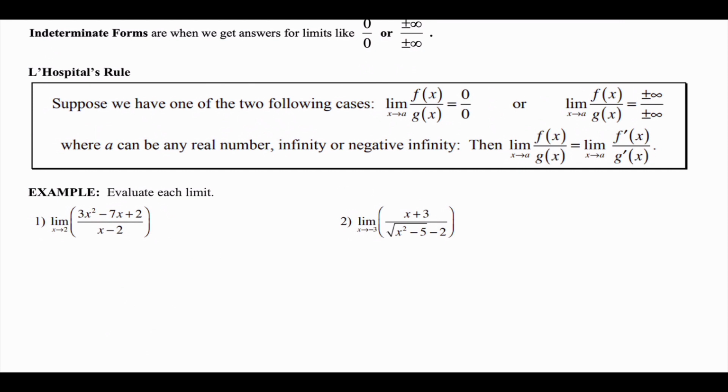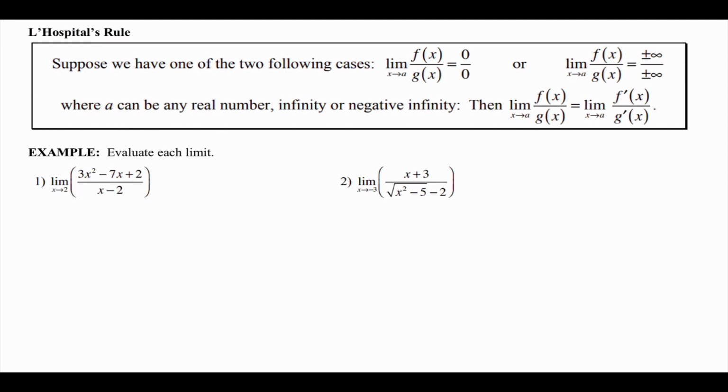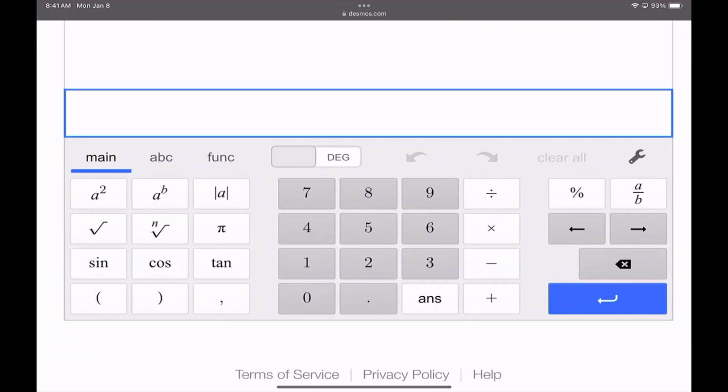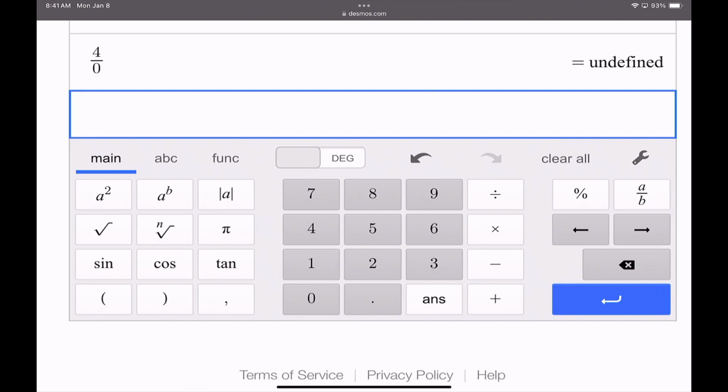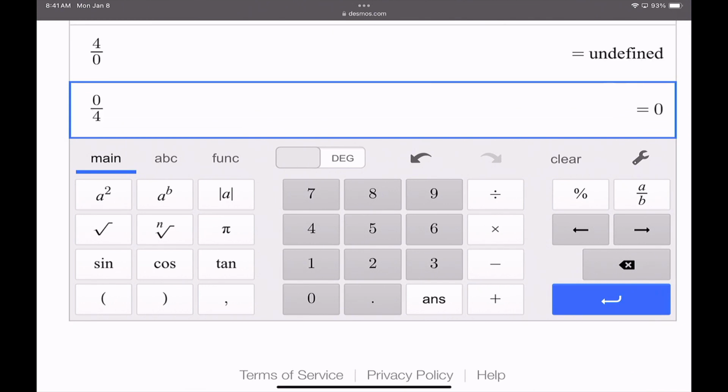The answer is, I don't know. It's indeterminate. We don't know. Is the answer 0? Is the answer undefined? I don't know, right? Let me show you a calculator. 4 divided by 0, undefined. 0 divided by 4, 0.